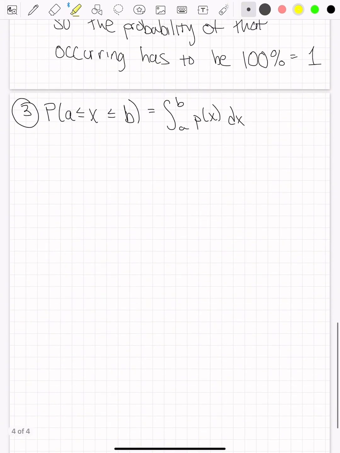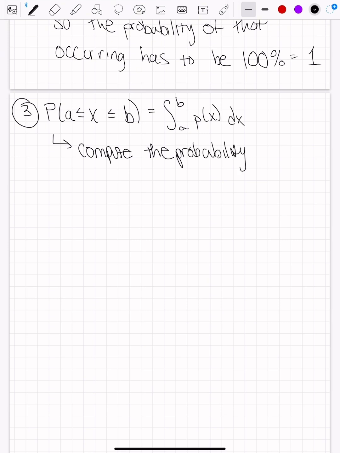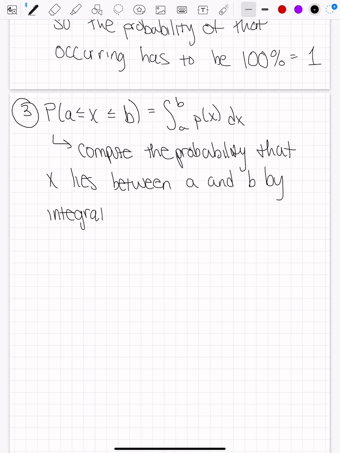Okay. So this tells us basically that we can compute the probability that x lies between a and b by integrating the probability density function p of x from a to b.